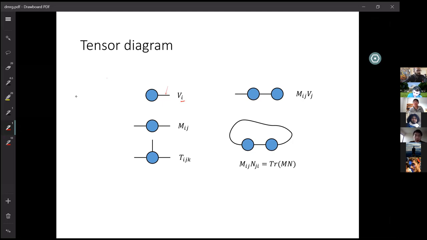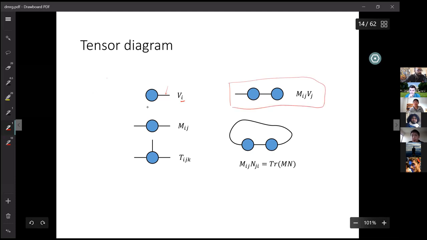Okay. So now here this is a matrix because it's a tensor with two indices, and you can also have more indices that give you a higher rank tensor. And here we define the tensor contraction. This is when we connect the two lines coming out of two tensors, what we mean is some Einstein summation over the connected indices.